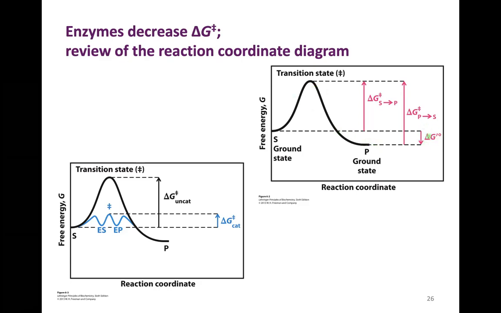The reaction free energy is the difference between product and substrate free energies. And if we're going in the reverse direction, going from P to S, it's even a higher barrier, okay?